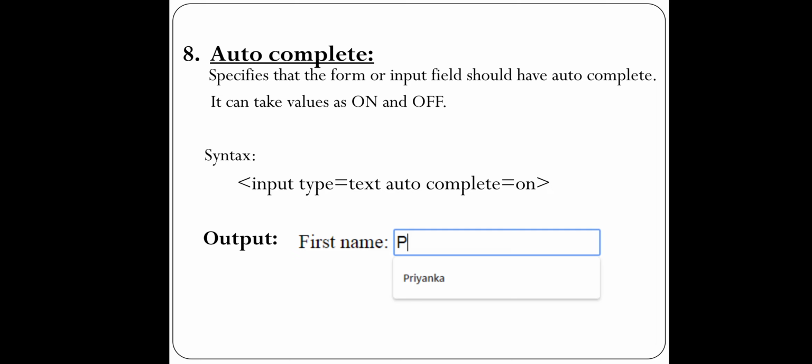But remember, first time you have to fill everything. When you are trying to again visit that particular form and trying to fill, then that autofill is used. I hope you are getting whatever I am trying to say. Generally you can see in your Gmail login, once you have logged in, it won't ask you to type again. You simply select whatever is given in the option. This is how autocomplete works.